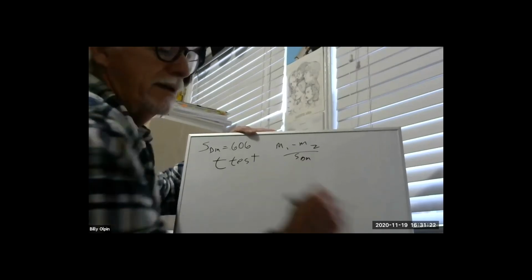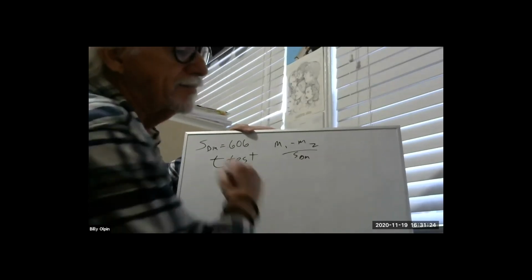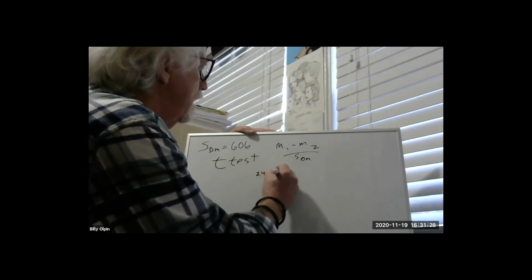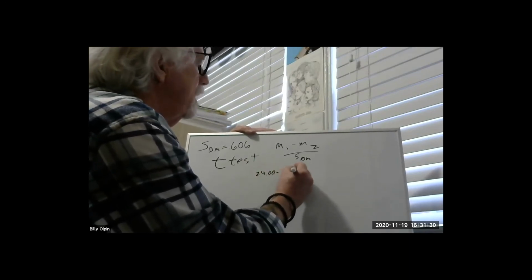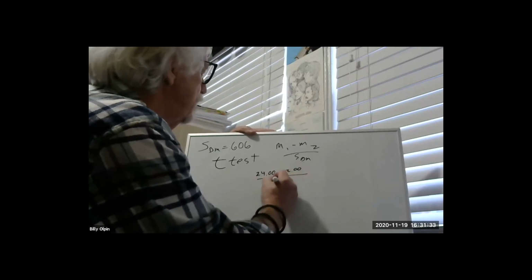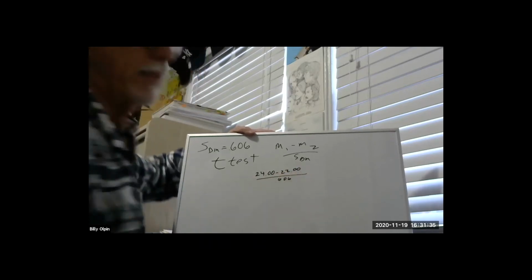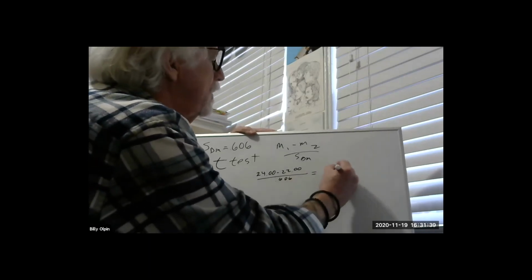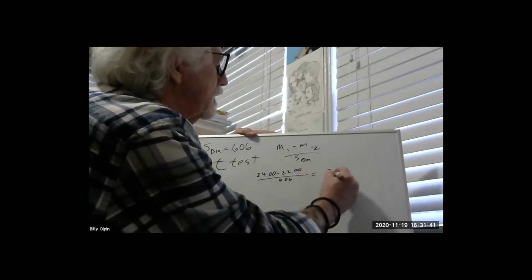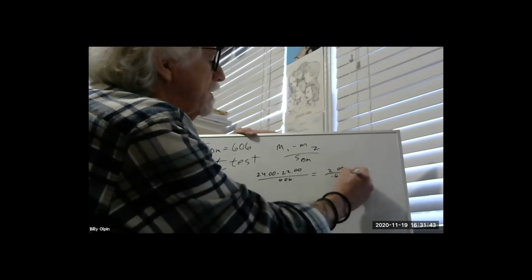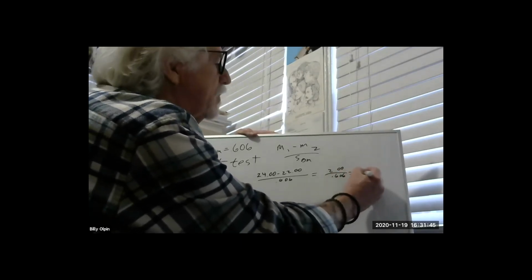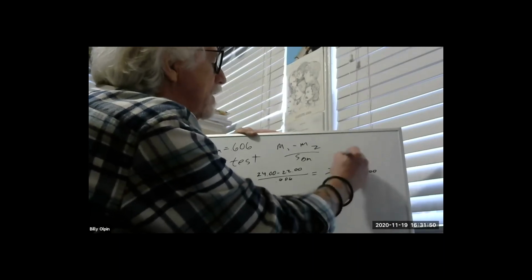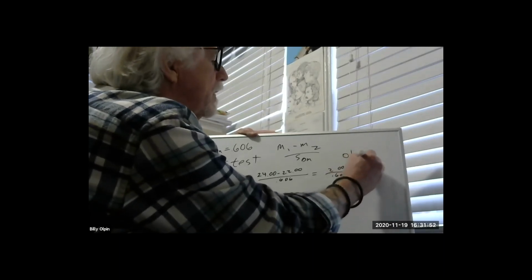And that in this case becomes 24 minus 22 over 0.606, which is equal to 2 over 0.606, which is actually equal to 3.300. All right, so this is our observed value.